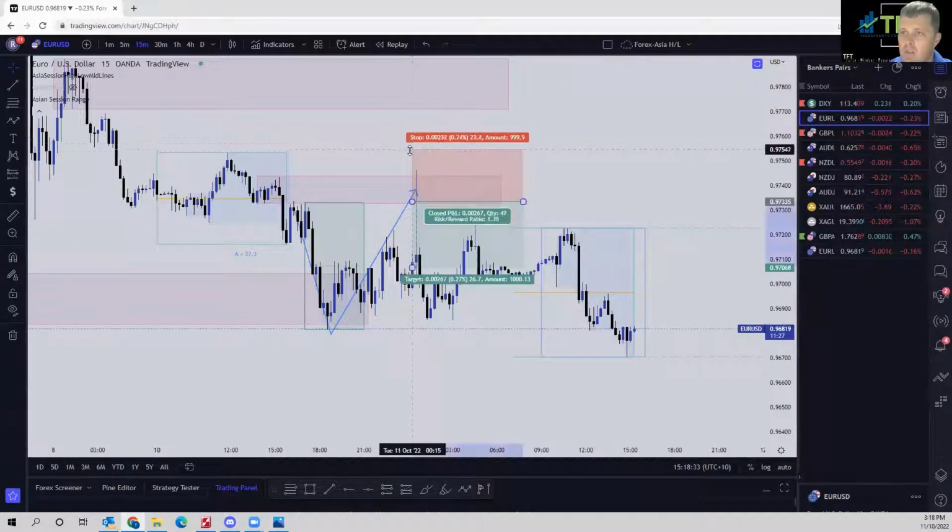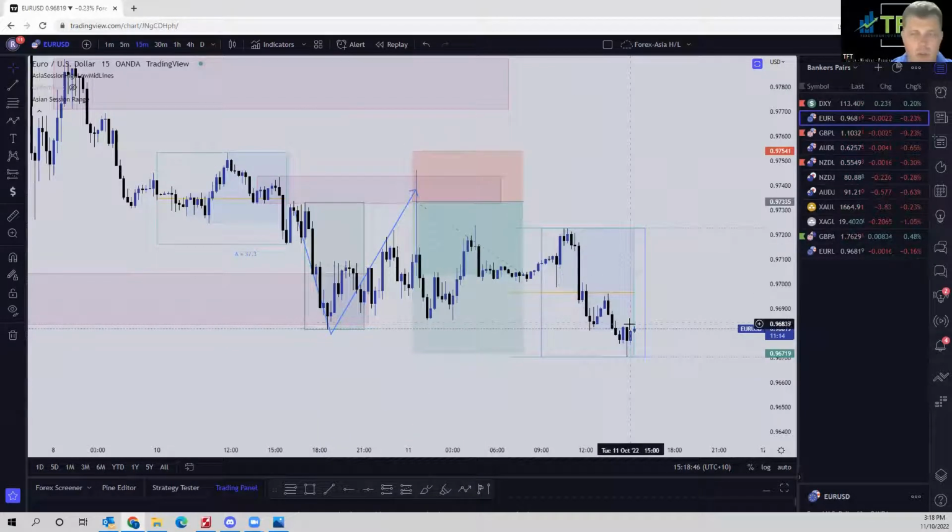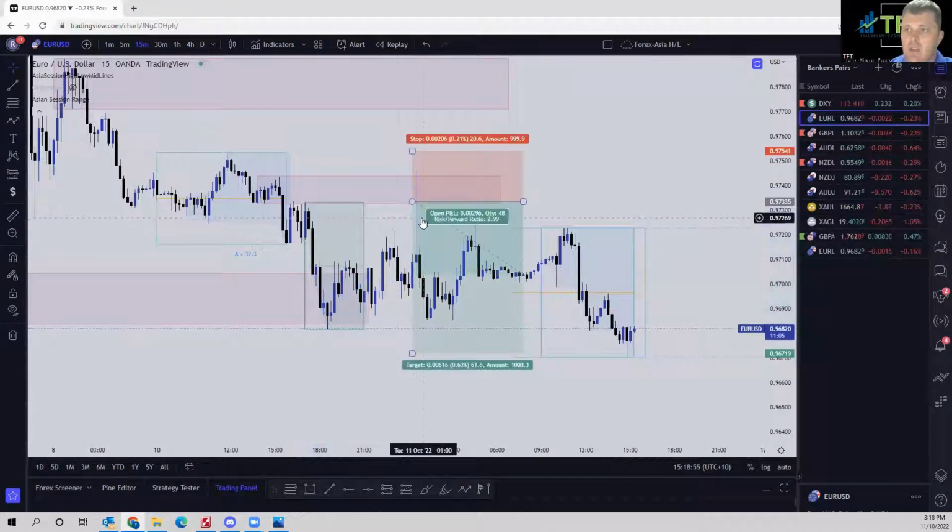I set it just above the Asian high and it went down for a nice 3-to-1 and just got stopped out at the end of today's Asian range. So that was quite a nice little trade that I took yesterday, and obviously shared with the TFT community in my breakdown analysis from yesterday.